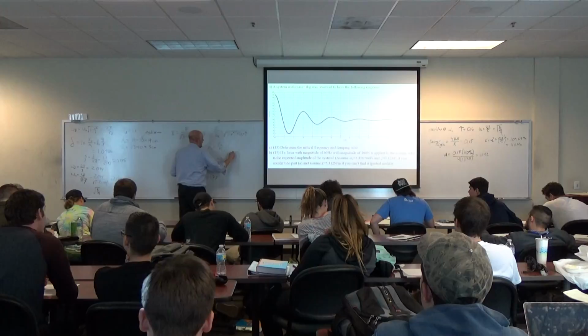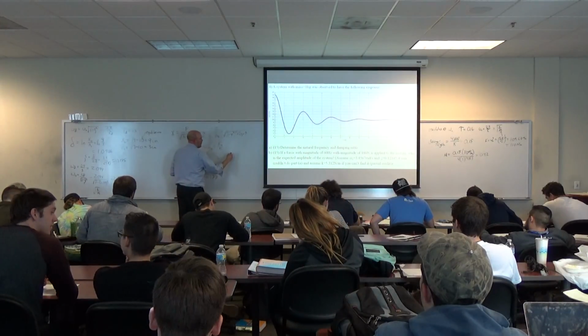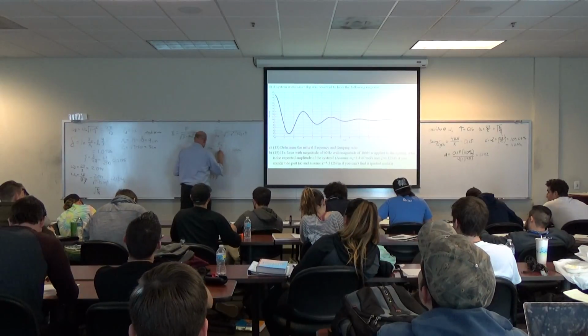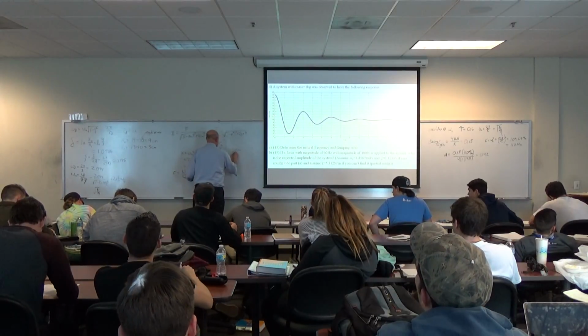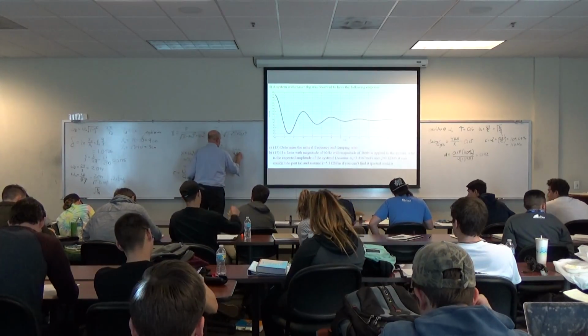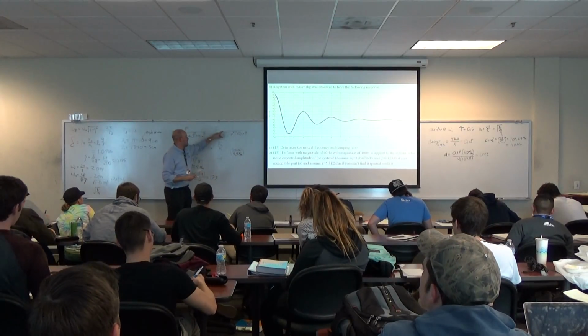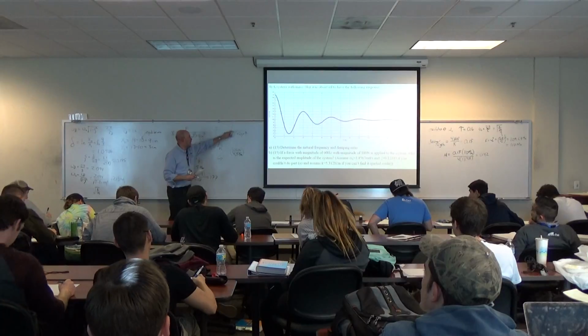And so delta static, F naught, 100 newtons. K we found was 4.5 newtons per meter. So we're basically bringing delta static over.